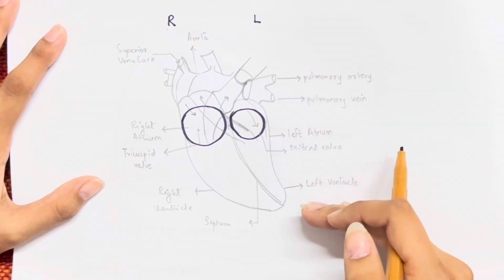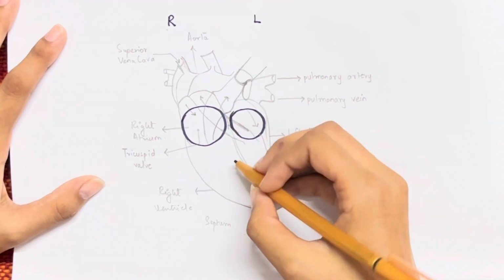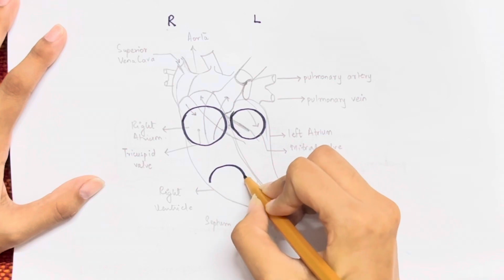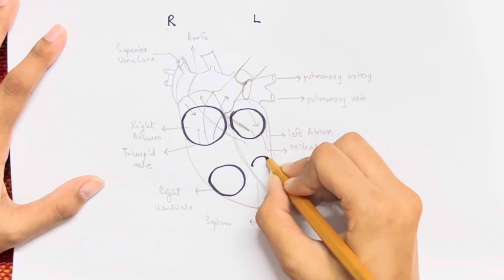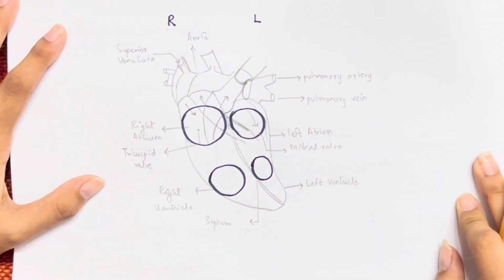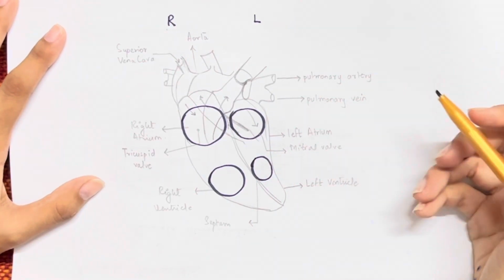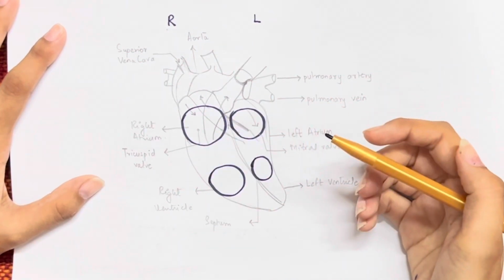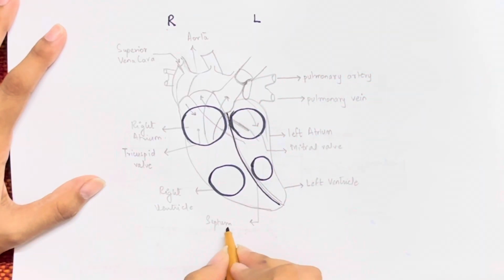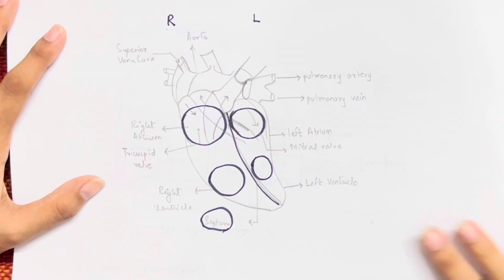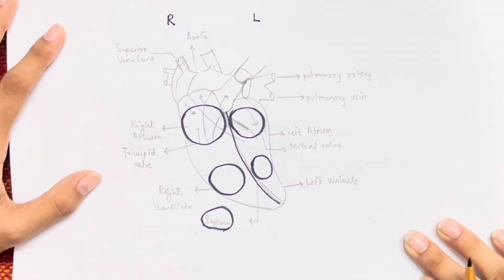On the lower side of the heart, we have the other two chambers: this part is the right ventricle and this part is the left ventricle. What divides the right side and the left side of the heart? That is this line you see in between, termed the septum. This septum divides the left side and the right side of the heart.